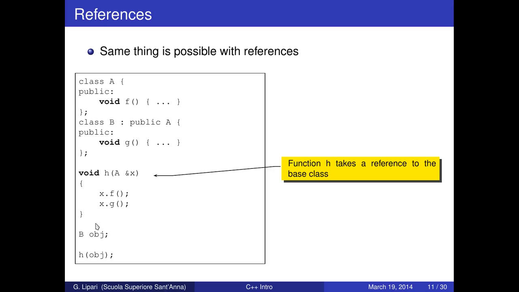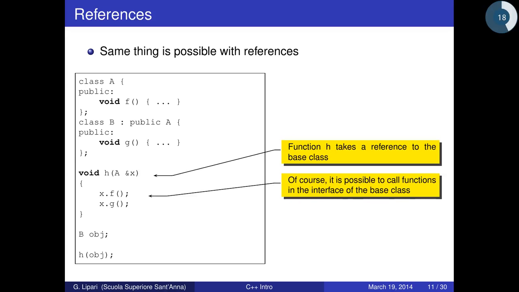You can do the same thing that you do with pointers also with references. So basically here we have a class A and a class B like before, and a function h which takes a reference to an object of type A. What happens is that you can actually pass to h an object of type B, and this reference is actually referencing that object.